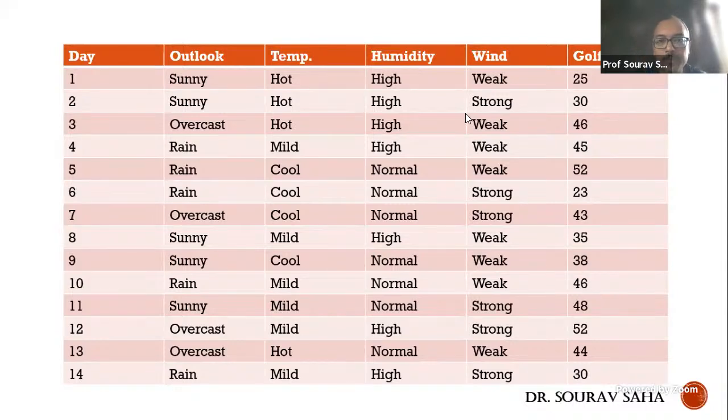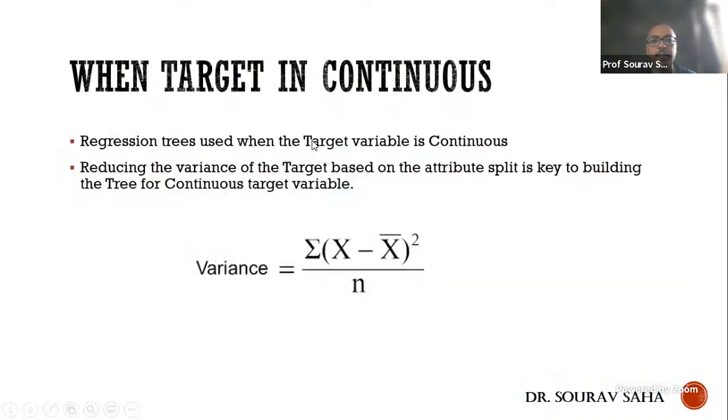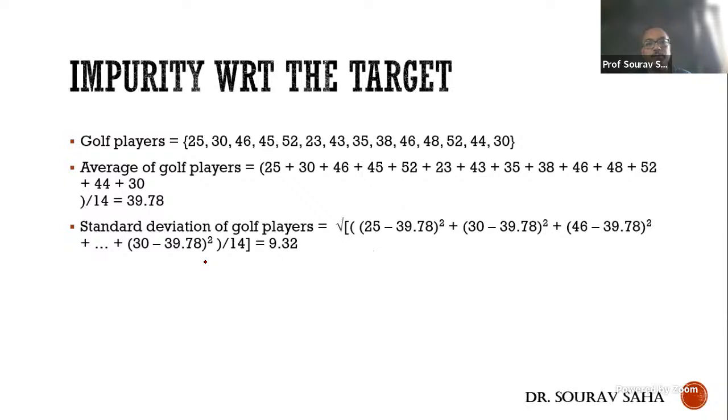Let me show you how we are going to do it. Now it is continuous, as our good friend Raju said, so we will try to look into the variance of the decision. This is my root node.